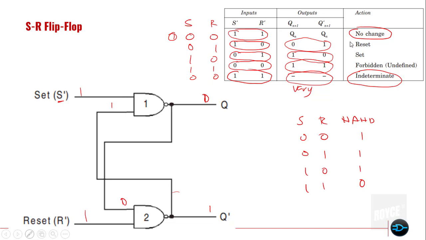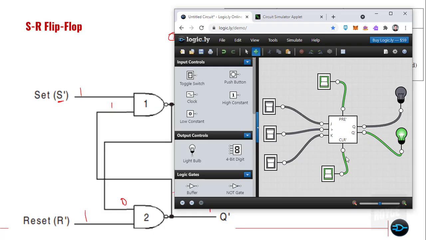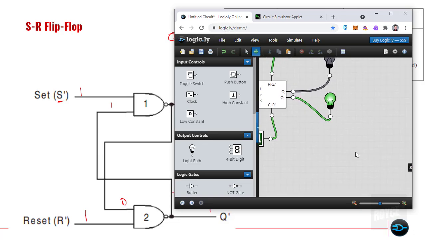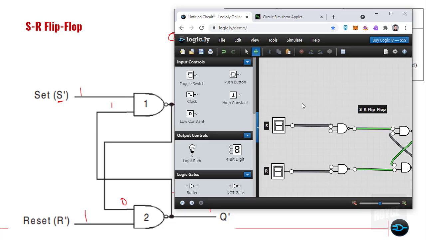Okay, now to show you, para mas makita natin yung behavior ng circuit na to, meron ako dito, ayan. So sa logic.ly, they have here, ayan.